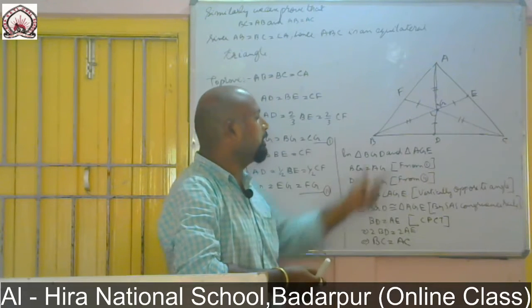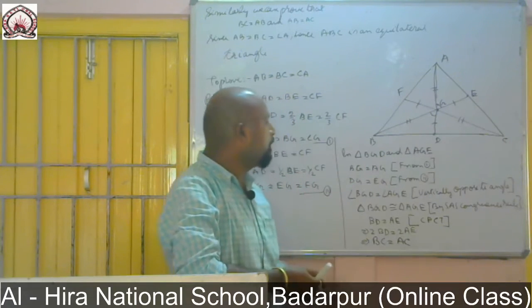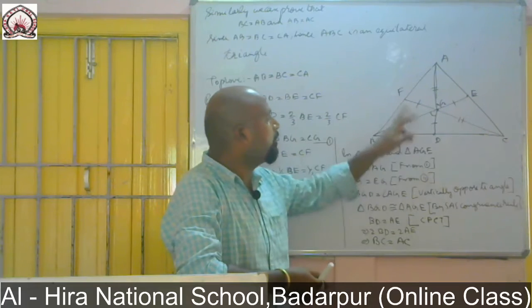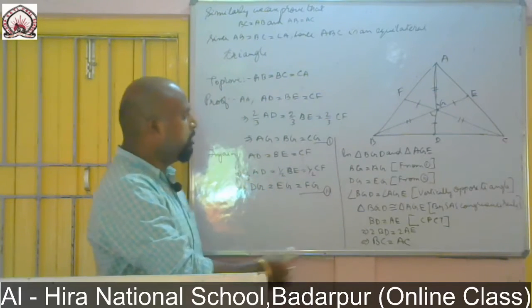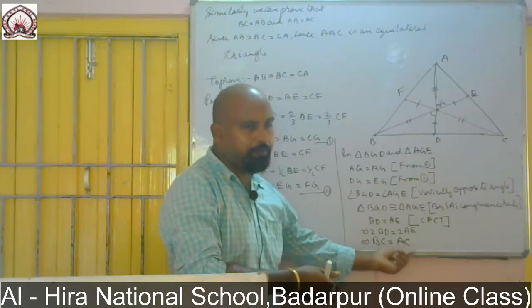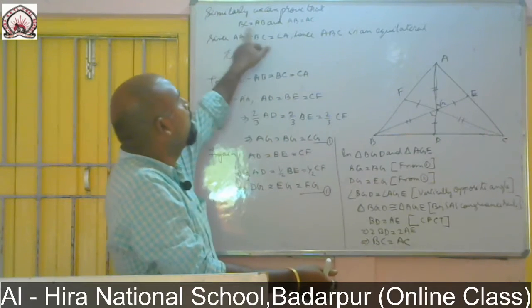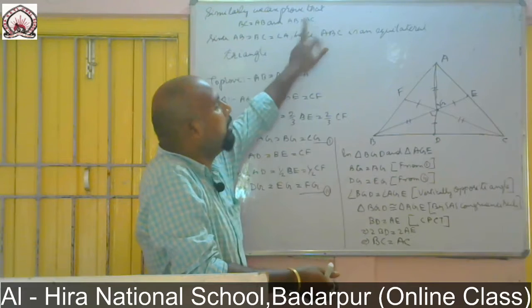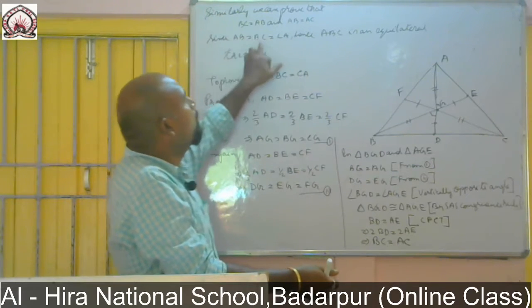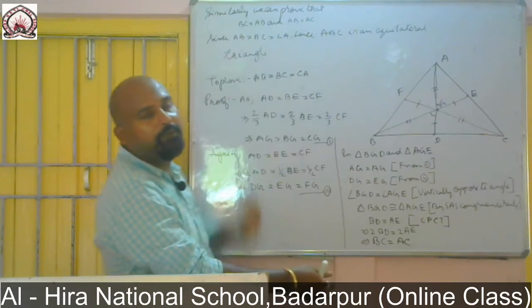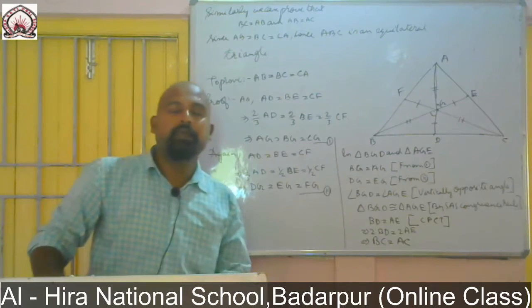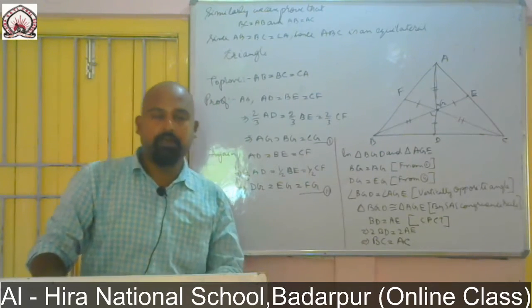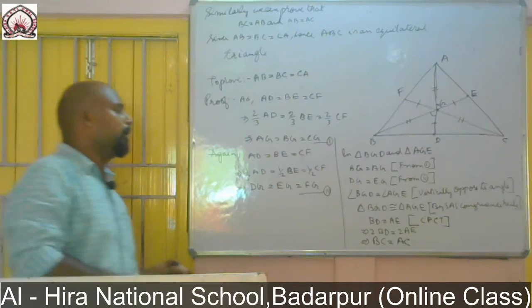Twice of BD is nothing but equal to BC, and twice of AE is nothing but equal to AC. So BC equal to AC we have proved. Similarly we can prove that BC equal to AB and AB equal to AC. Since AB equal to BC equal to CA, therefore ABC is an equilateral triangle, as all the sides are equal. Okay.